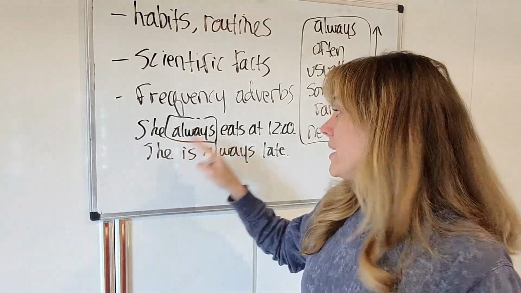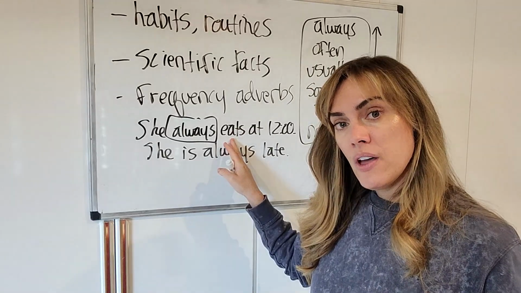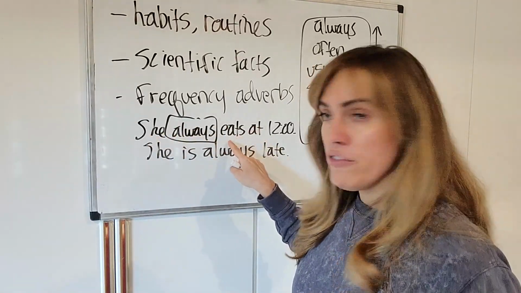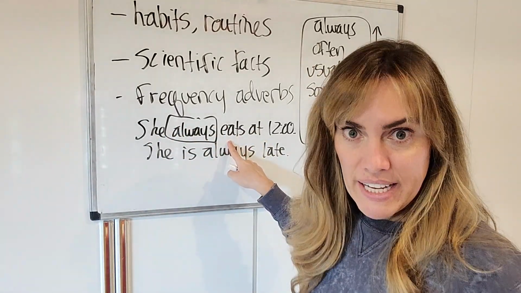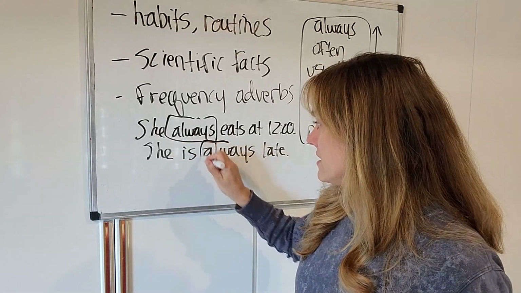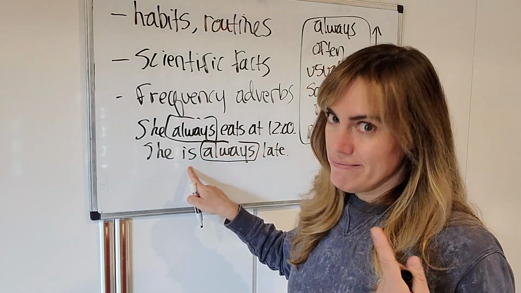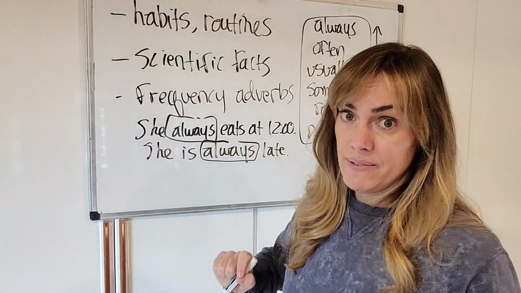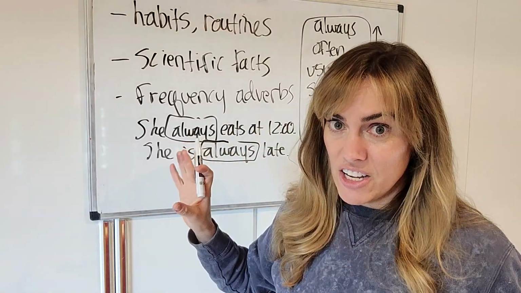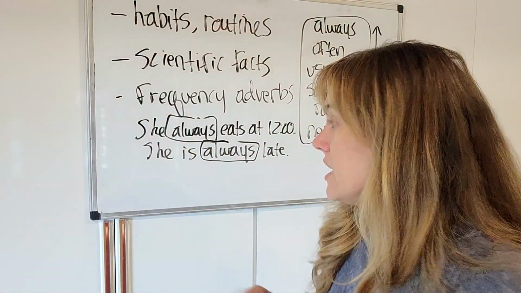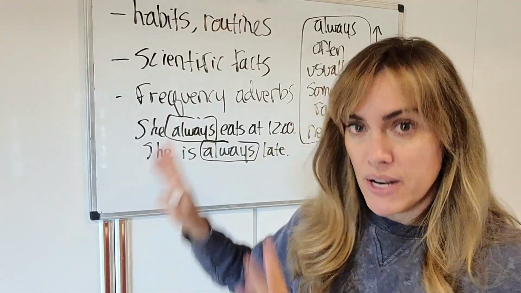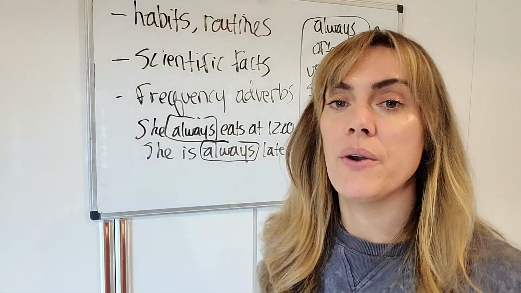So that means right before the verb, if the verb is not be. If the verb is be, you have to put it after be, okay? That causes people a lot of problems. So there's a lot more to that, but I'm just gonna put that there, okay?